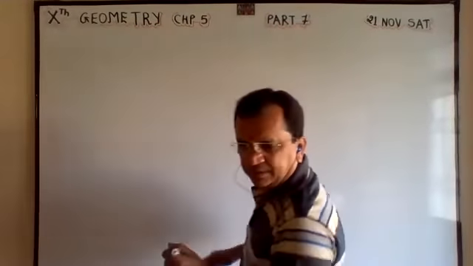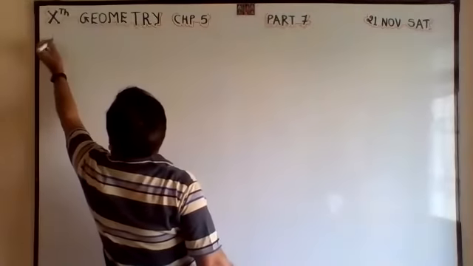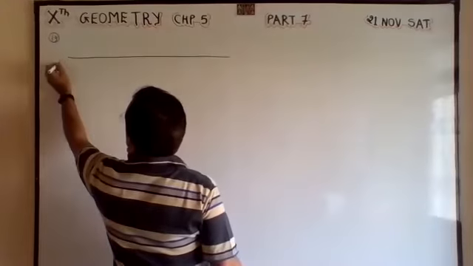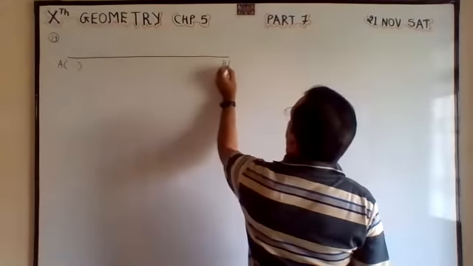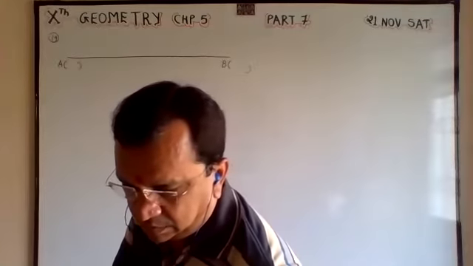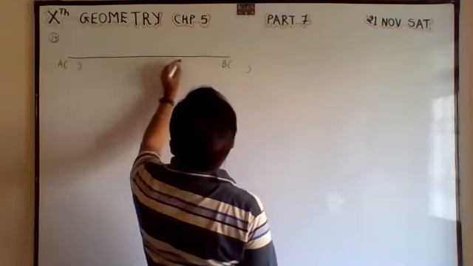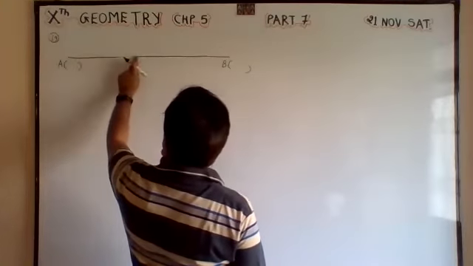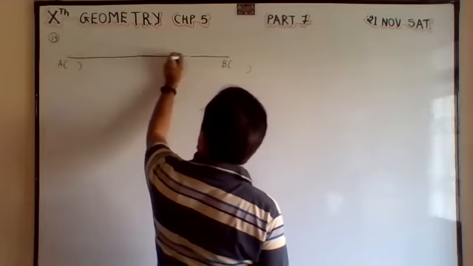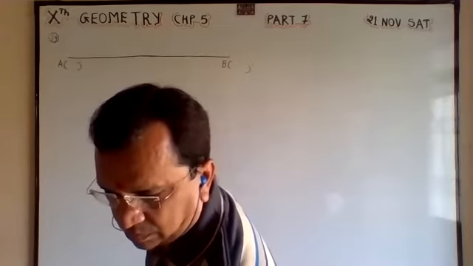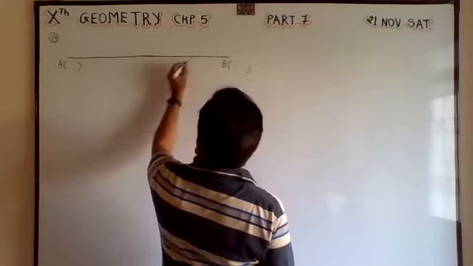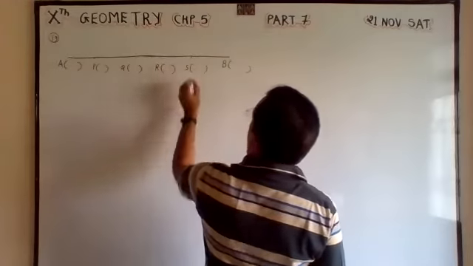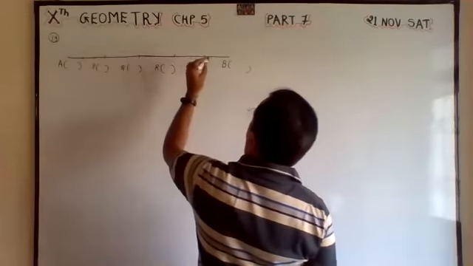Sum number 19, A, P, Q, R, S, B. P, Q, R, S. So 1, 2, 3, 4, 5 parts.